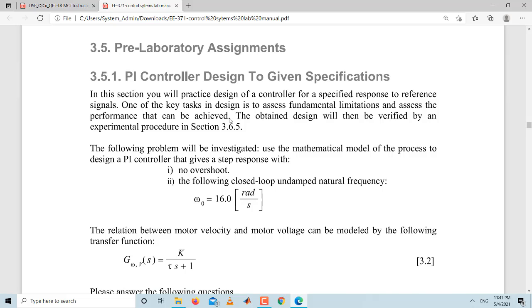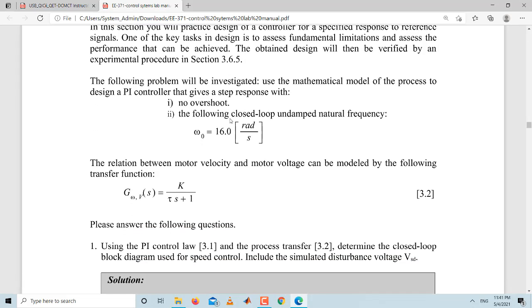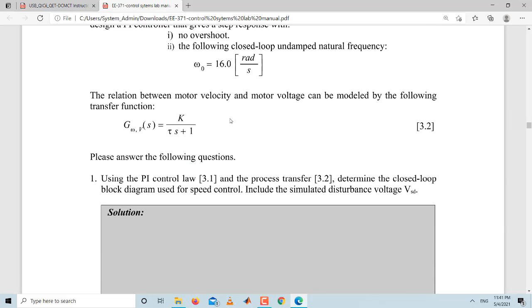Okay, so the first step would be we will start with our transfer function, that is capital K by tau s plus 1, and we will be answering these questions, and after solving these questions we will end up with the design of our PI controller.